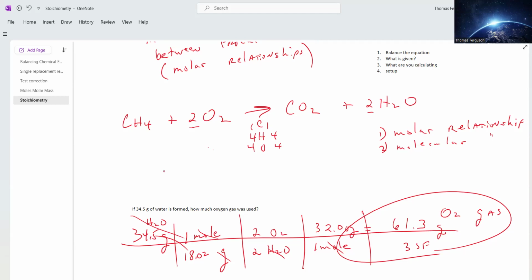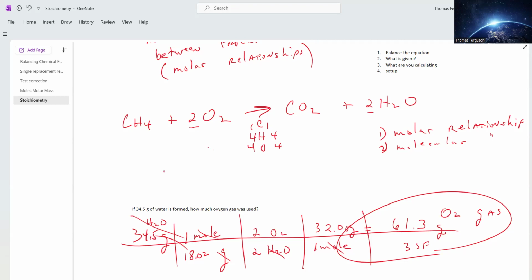Now, I'm going to tell you something, and I don't know if a lot of teachers tell you this, but this is important. Every stoichiometry problem, did you hear that? Every stoichiometry problem has these three parts: mole conversion, coefficient ratio, and back to what you're trying to calculate, conversion.